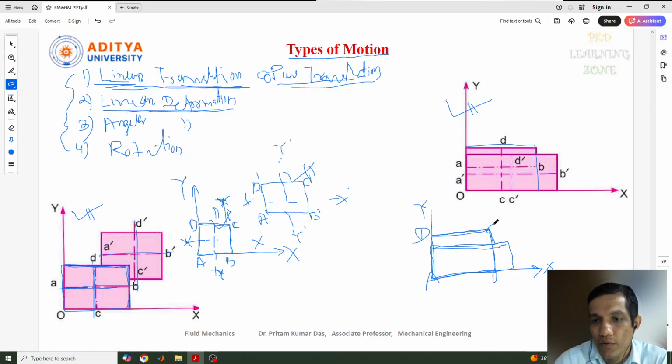So what are the changes that happen? The changes happen in the y direction also, in the x direction also. So after changes, we can write this is C dash and this is D dash. In the y direction, there is a change, suppose dy, and in the x direction there is a change dx. So these are the changes that happen in the fluid particles.